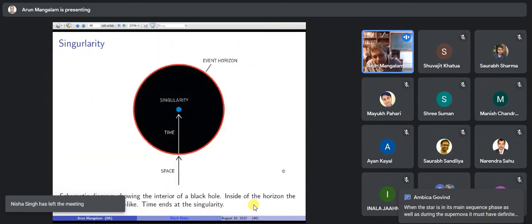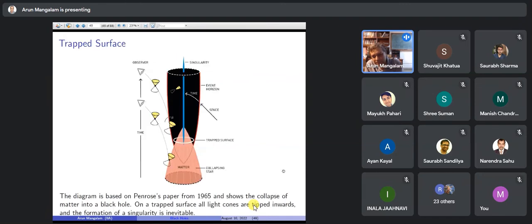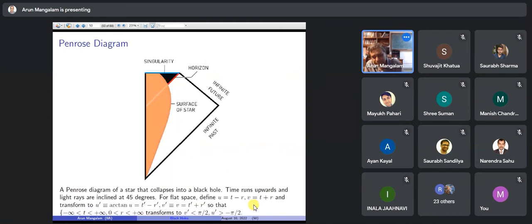So this is the schematic diagram of how space gets converted to time, and then that forms a singularity through the event horizon. This is the same picture where you see that the light cones are turned towards the singularity, and then space gets converted to time, and the photons don't reach the observer.